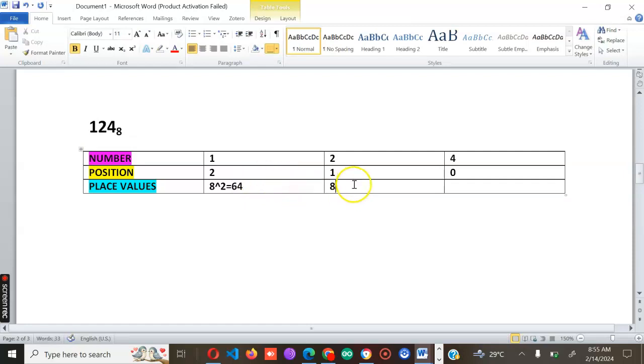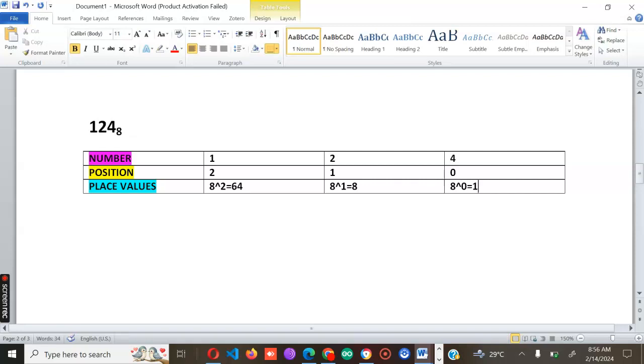Well, this is 8 raised to power 1, which is 8. And the last part, 8 raised to power 0, should be 1.